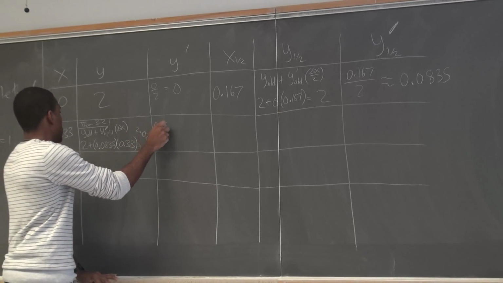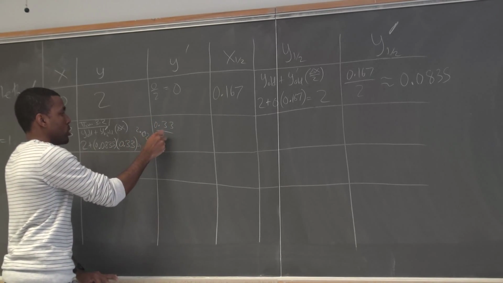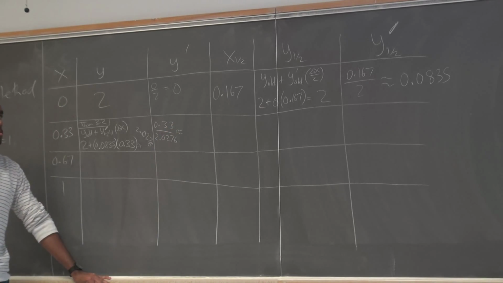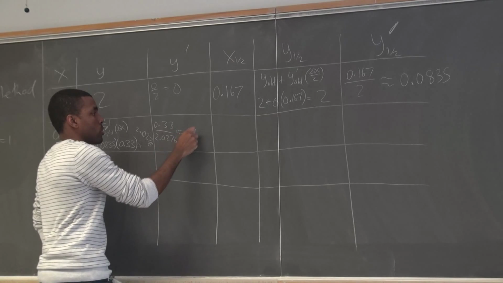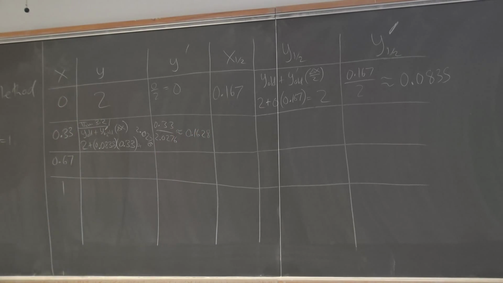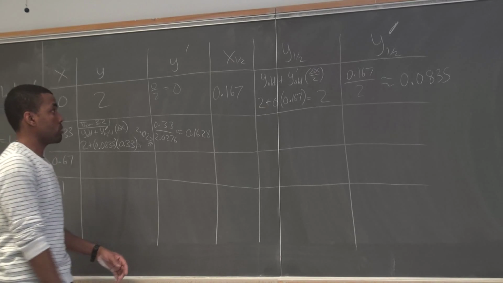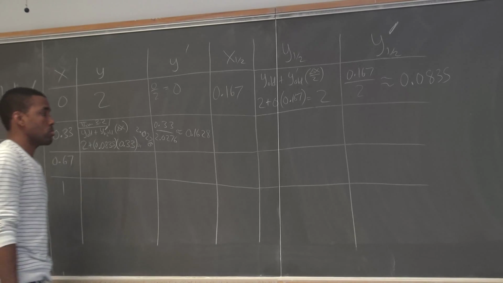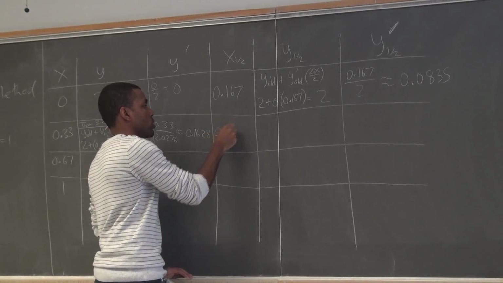So this is 0.33 divided by 2.0276, which is 0.1628. And x half is this plus delta x over 2: 0.33 plus 0.167, which is 0.497.